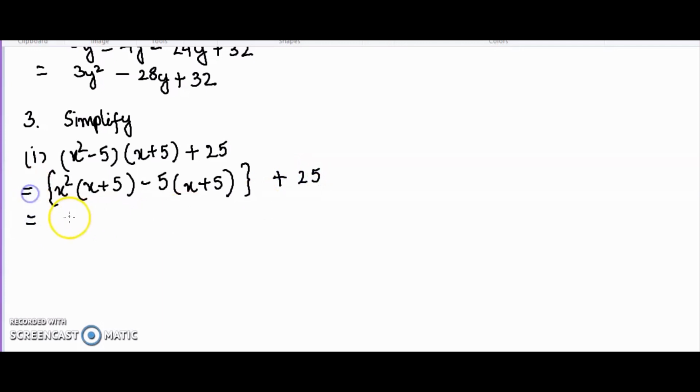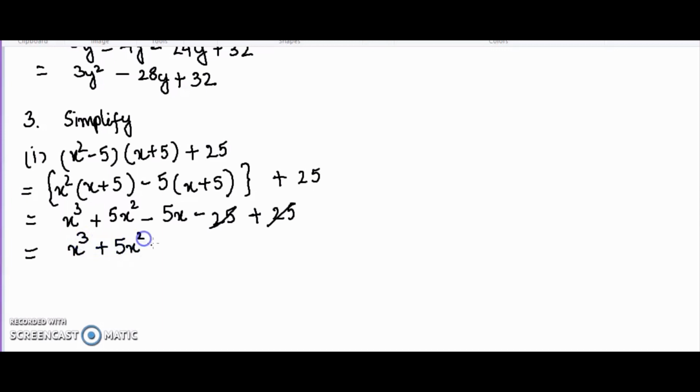So you will get x square into x will give you x cube plus 5x square minus 5x minus 25 plus 25. This minus 25 and plus 25 can get cancelled out. And rest of the terms that are remaining, none of them are like terms, all are unlike terms. So your final answer will be x cube plus 5x square minus 5x.